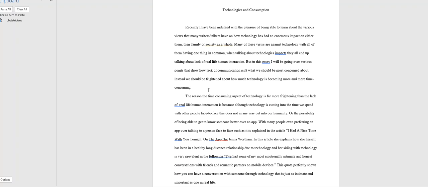The last sentence of this paragraph shows a clear thesis, specifically that last part of that sentence, how much technology is becoming more and more time-consuming. So once I read the entire essay, most of the body paragraphs should be discussing how technology is becoming more and more time-consuming.